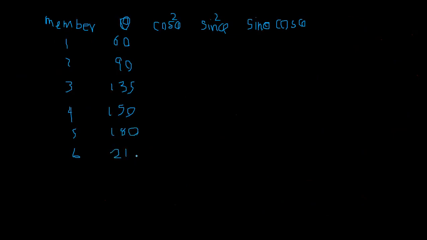Sixth member, 210. So the cos squared theta becomes 0.25 and sin squared theta becomes 0.75 and sin theta cos theta is 0.43, right? Here it is 0, 1 and 0. Here it is 0.5, 0.5 and here it is minus 0.5.